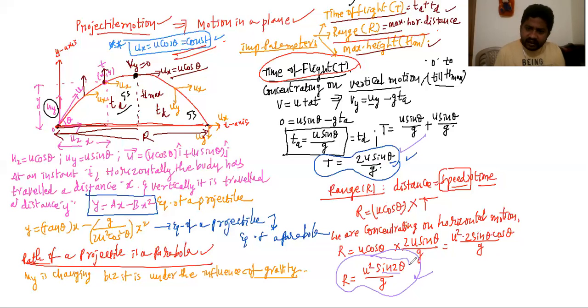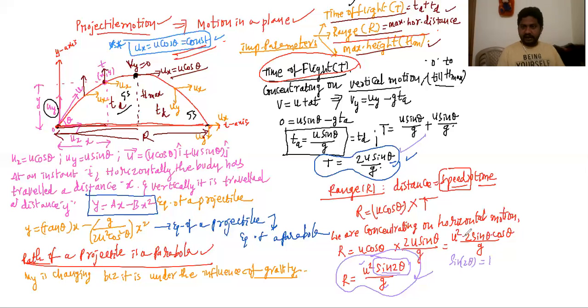When the sine value is maximum, the range will be maximum, because the initial velocity is u and g is constant. The sine value is maximum when the sine of some angle is equal to 1.